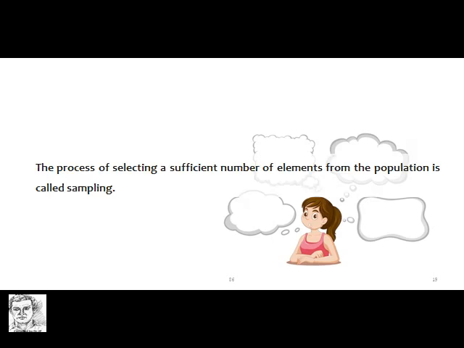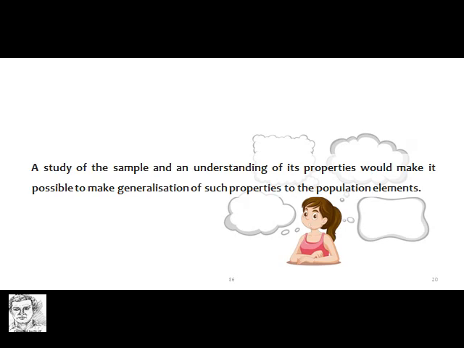The process of selecting a sufficient number of elements from the population is called sampling. A study of the sample and an understanding of its properties would make it possible to generalize such properties to the population elements.